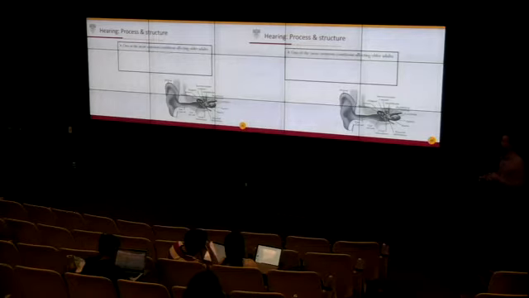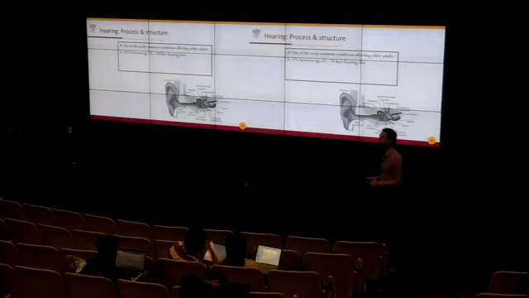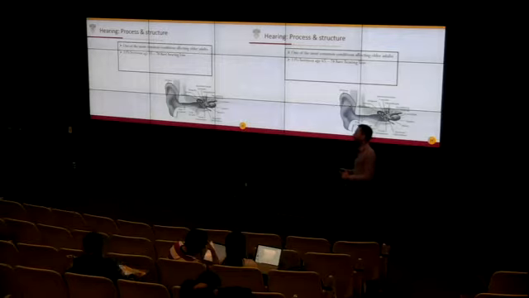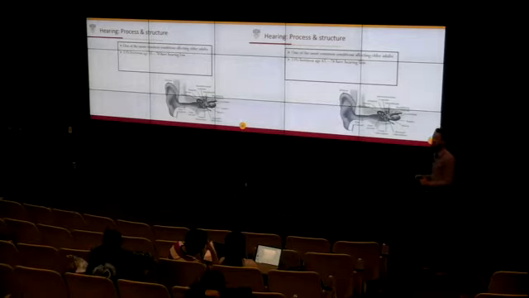So hearing, as we discussed earlier on, is one of the things that can be impacted most in older adults. About 33% of people up to the age of 70 or 75 have hearing loss, but around 80% of those over the age of 90 will have some form of substantial hearing loss.